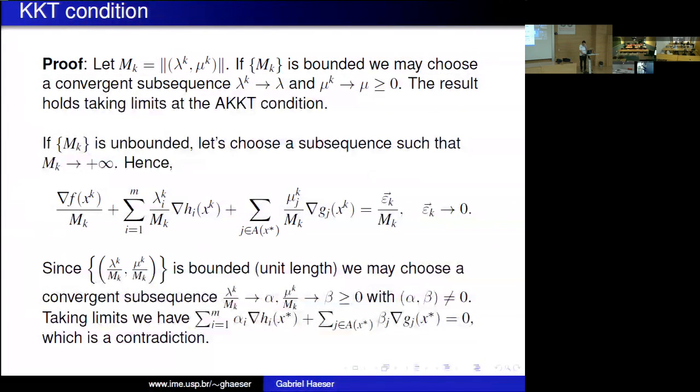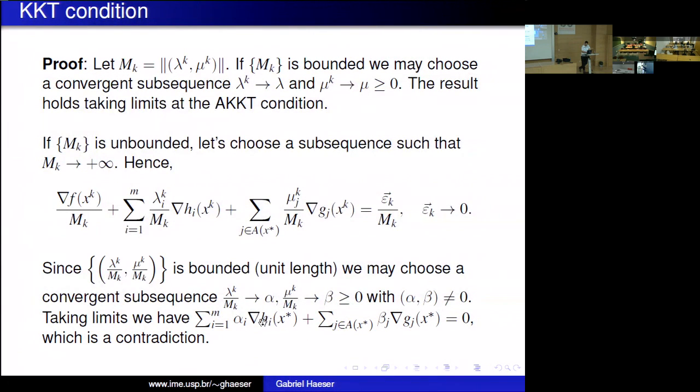We note here that since mu k was non-negative and mk was non-negative also, this beta is non-negative. So in fact we don't need linear independence.